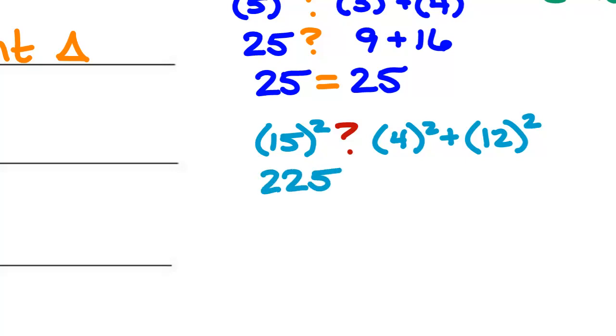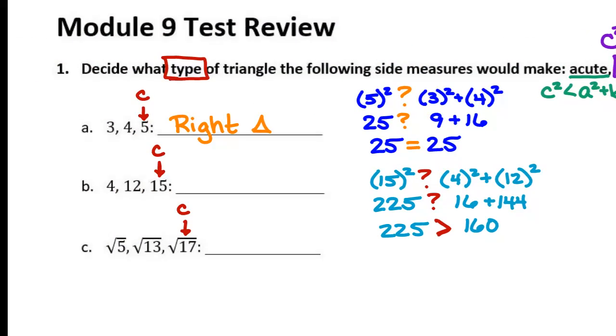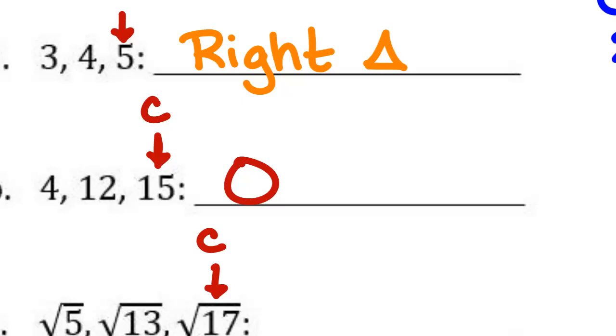You guys already told me that 4 squared was 16. What is 12 squared? 144. We have to add the 16 and the 144 together. 160. Did they come out to be equal? Which one's bigger? 225. C squared is bigger, so that means it's obtuse.